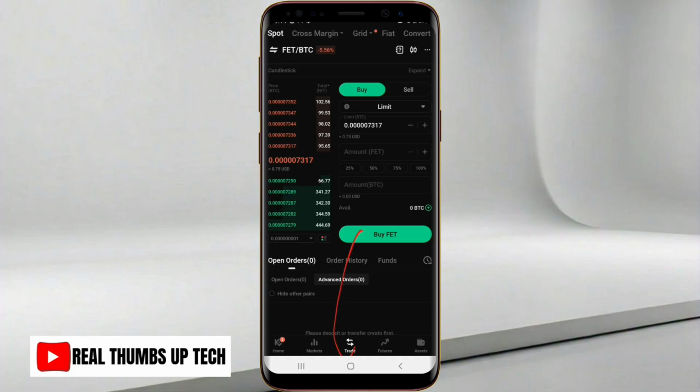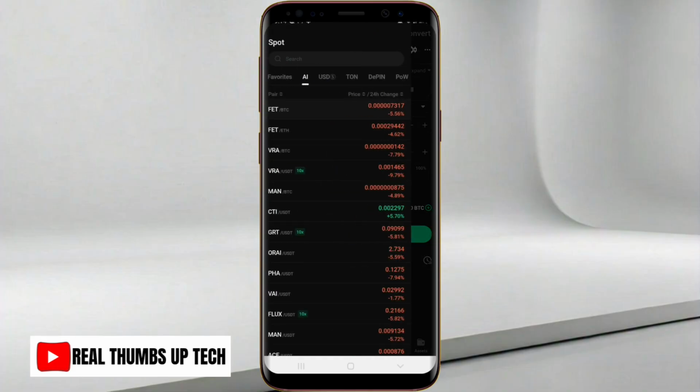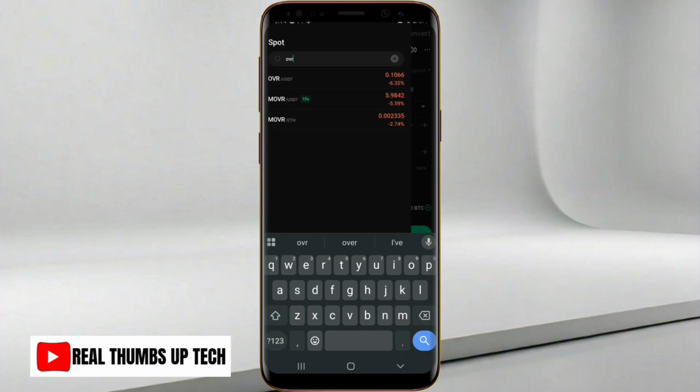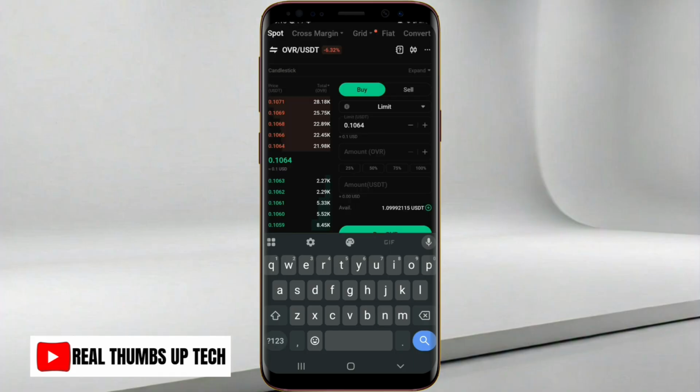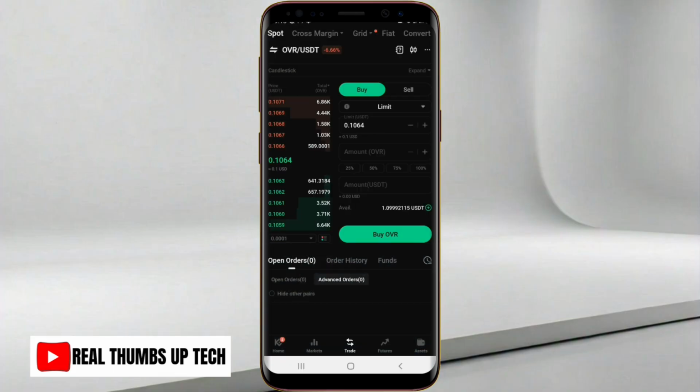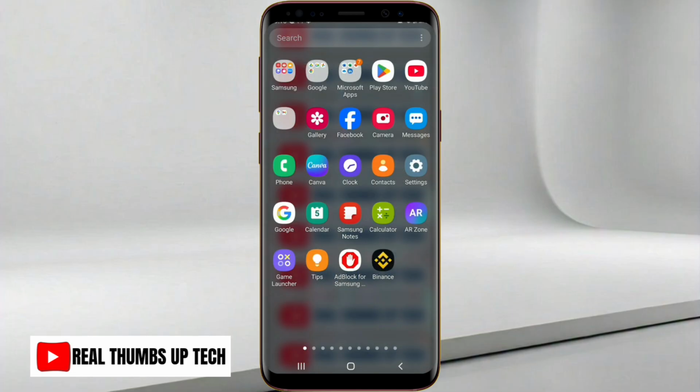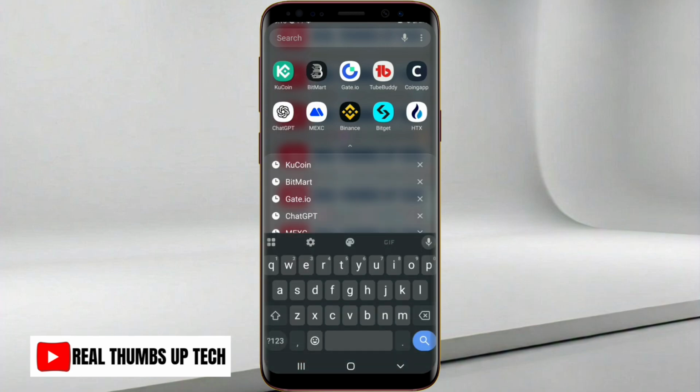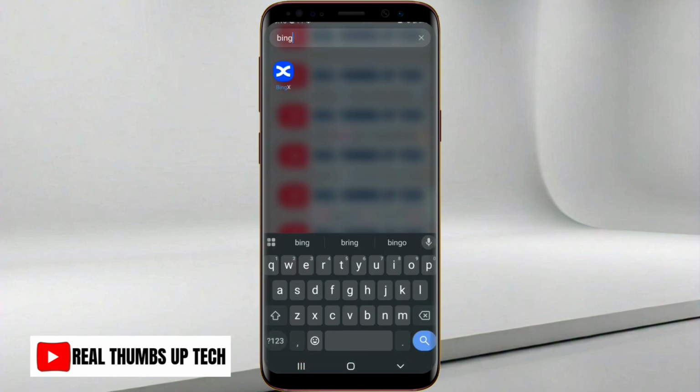I go over under trade. I go over to this option to select OVR coin, OVR USDT. And you can see the current rate here, 0.1064. Then let's go and look for BingX and see the rates.